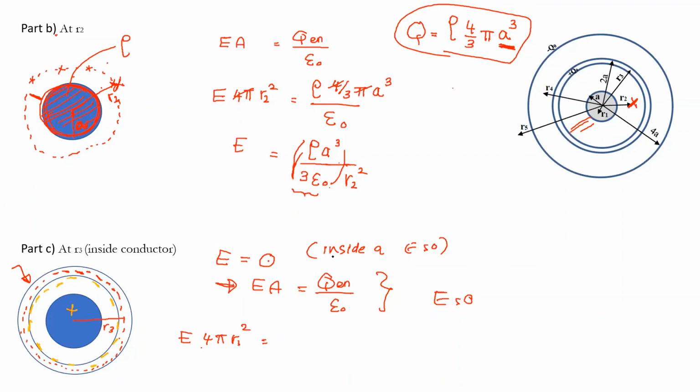You don't have to put this in the calculation or anything. I'm just showing you what's actually happening. So negative charges are going to come to this side so that they can cancel off this positive charge.